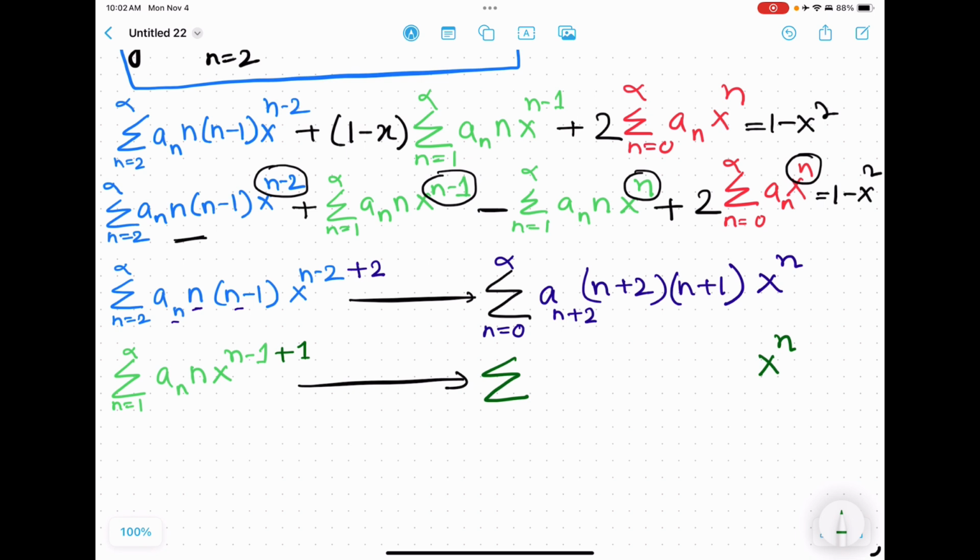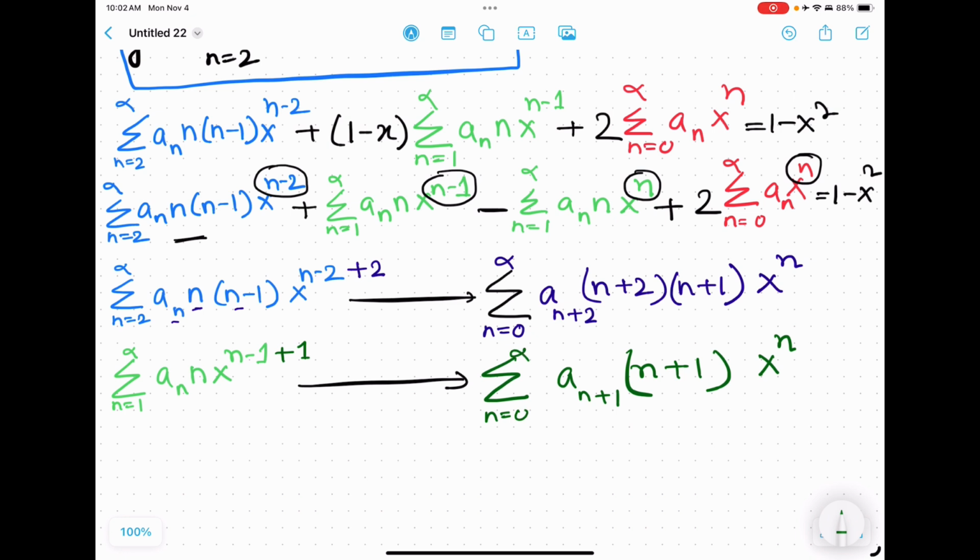So the negative 1 and the positive 1 get canceled, so I'm just left with an n. That means all my n's in my power series increase by 1. So from a sub n, it now becomes a sub n plus 1. And then I have my n, that is now n plus 1. And since all my n's in my power series increased by 1, that means the starting index will now decrease by 1. So instead of starting from 1, it's going to start from 0 to infinity.